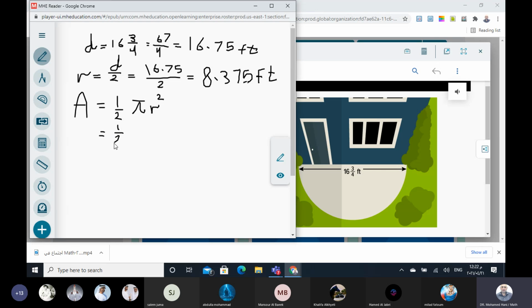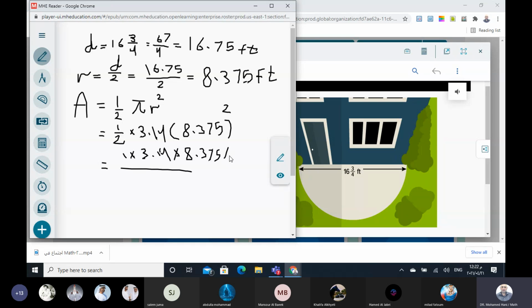We have 1 over 2, and the value of pi is 3.14, and r is 8.375 squared. That means 1 times 3.14 times 8.375 times 8.375, divided by 2.